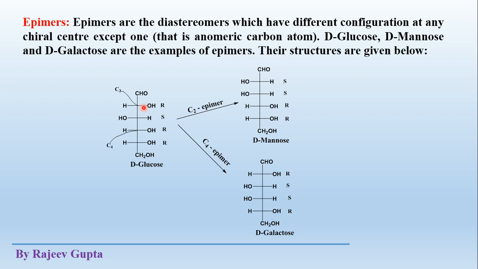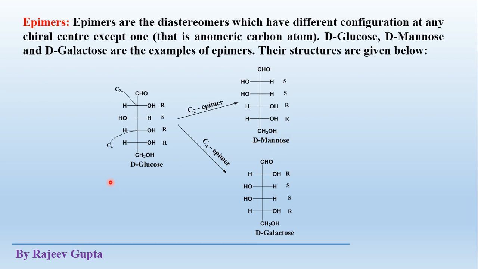If we change the configuration at C2, where the aldehyde carbon is the first carbon and this is the second carbon and first chiral carbon, then we get this structure where 2 hydroxy groups are at this side and these 2 at this side. Then it is called D-mannose.